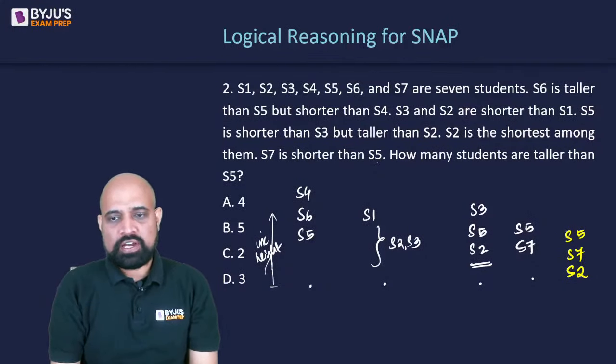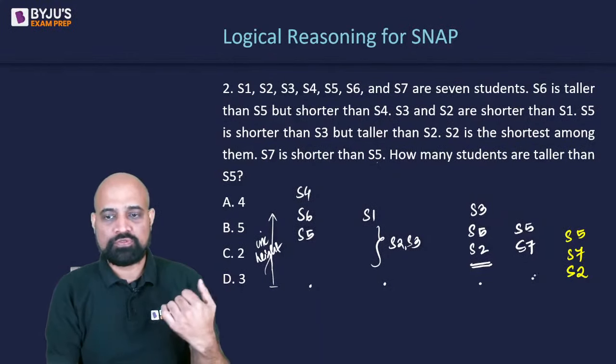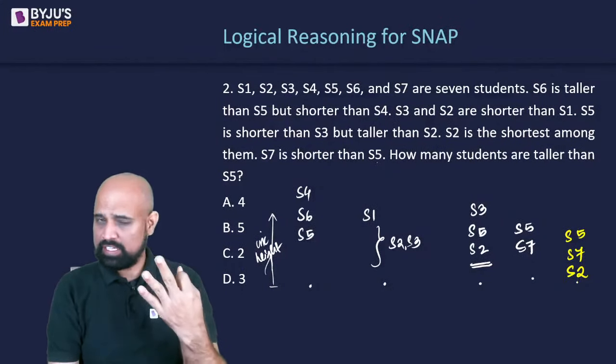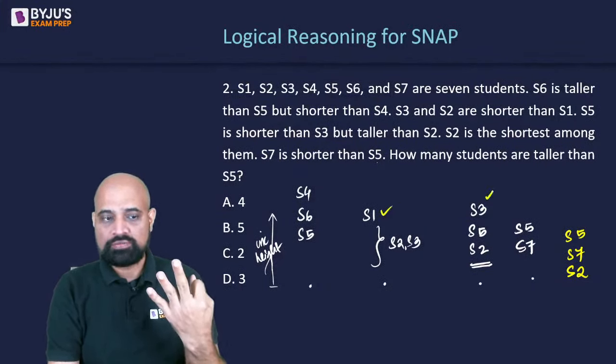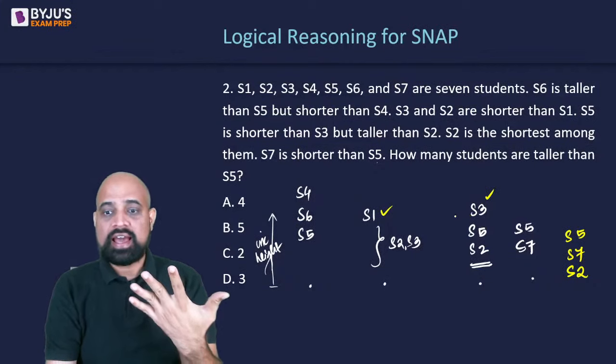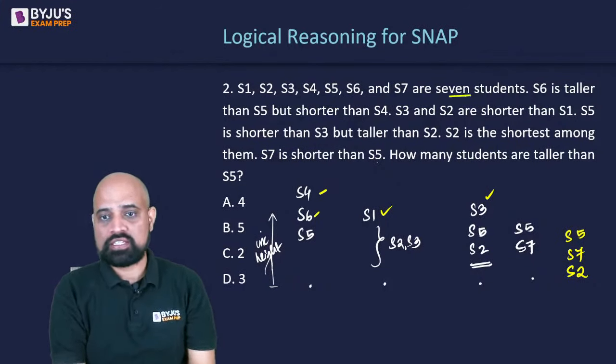The moment I reach here, I don't have to solve any further because we do have S2, S7, S5, 3 people right here. We will have S3 and S1, two more people will come above, and S6 and S4 will also come. So a total of 7 people. These are the 7 people we are dealing with. So how many students are taller than S5?